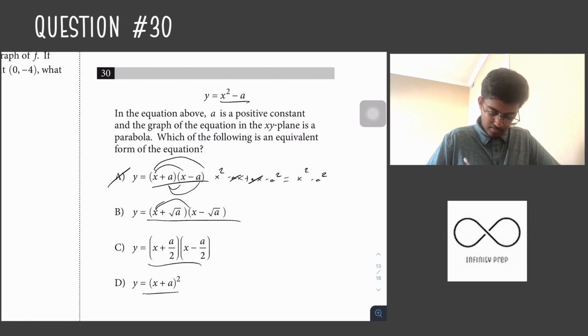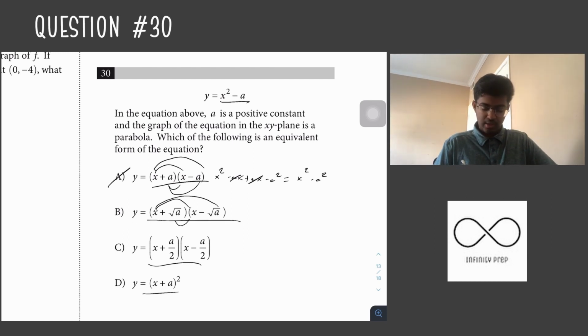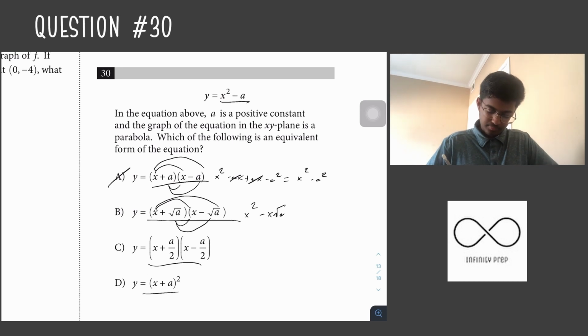Now for B, expanding, so x times negative root a times x, root a times negative root a. So this would become x squared minus x root a, and root a times x, which is positive x root a, and root a times negative root a. So that will become negative root a squared.